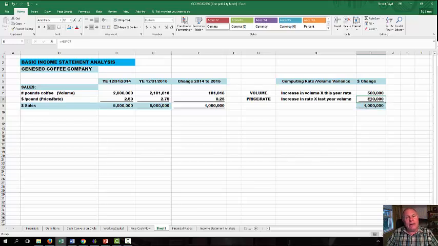We could also say that prices increased and we were able to pass this through, and that had an impact of increasing revenue by 500. So when you look at this, we really knew what drove that $1 million. Actually pretty good. But this is a simplistic example.